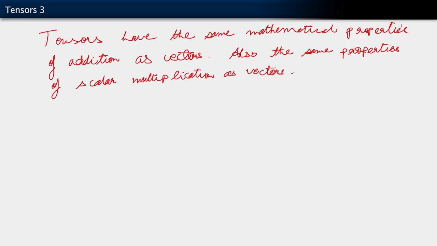Okay? And in fact, for this reason, tensors are said to actually form a vector space themselves, where now vector space really refers to these properties of addition and scalar multiplication that we know that conventional vectors in Euclidean space have.